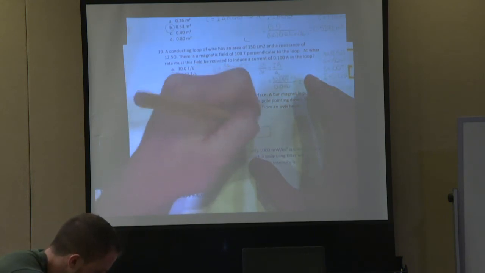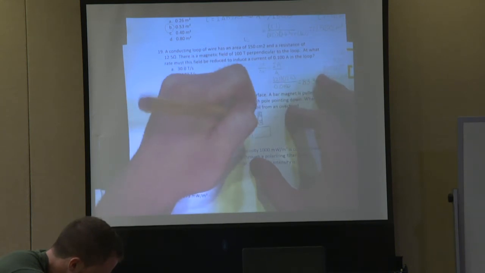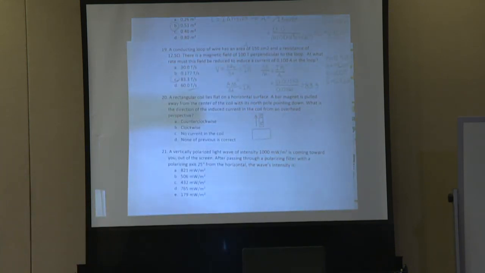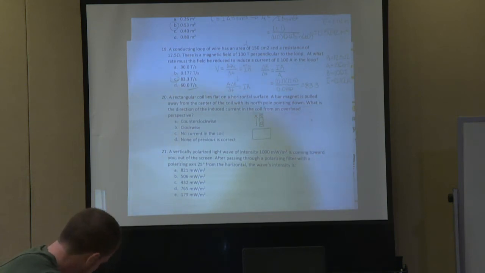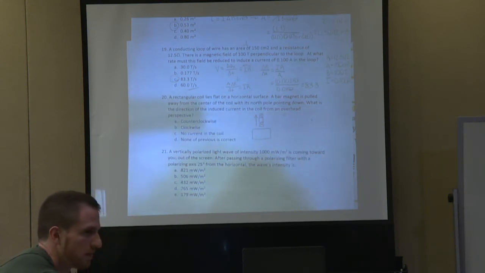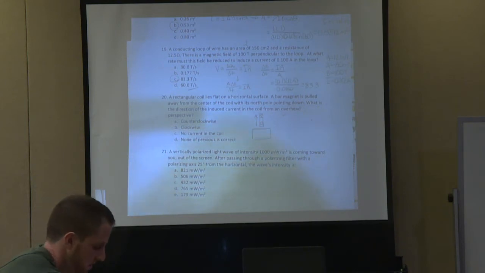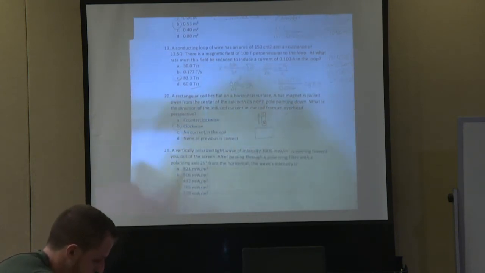Rectangular coil, bar magnet, north, south end, and it is going this way. So what is the direction of the induced current in the coil from an overhead perspective? What do you guys think? It is going to induce a clockwise current.